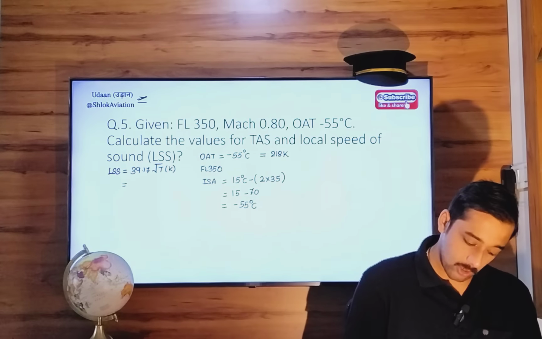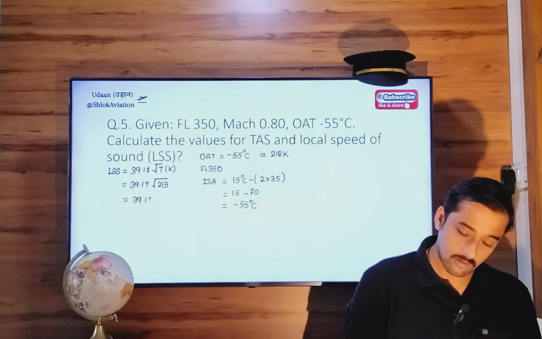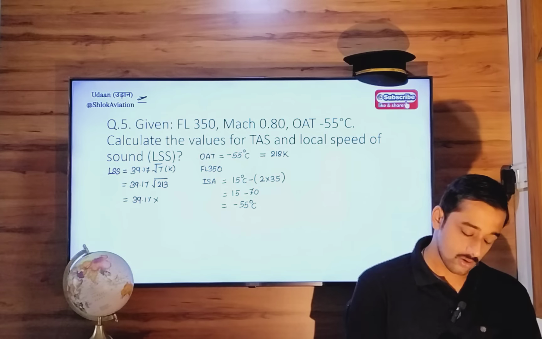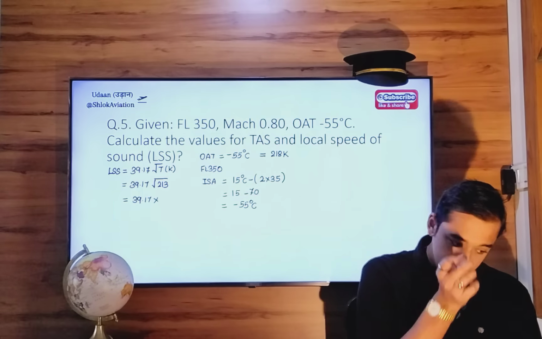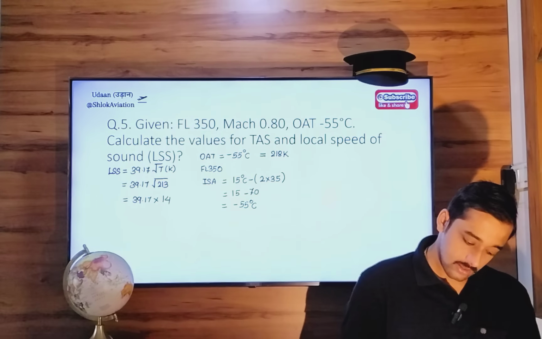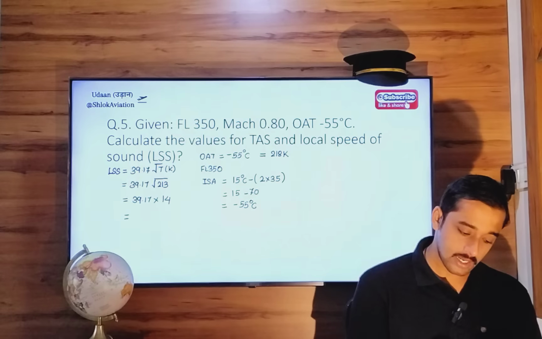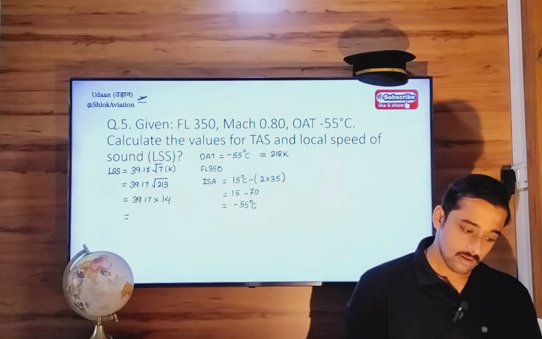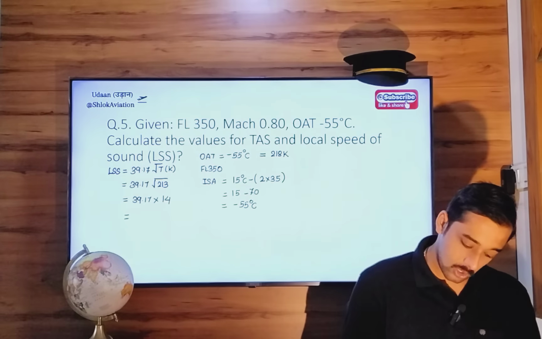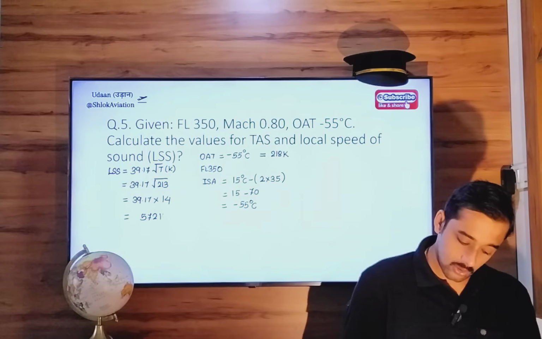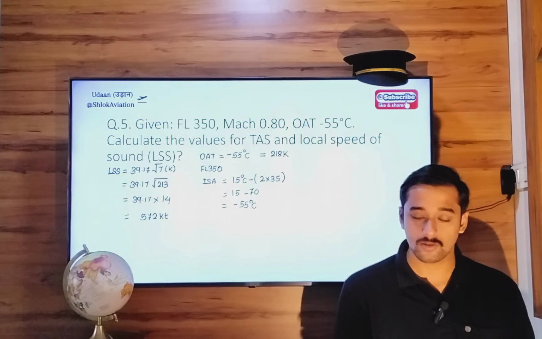Okay, so 39.17 times the square root of 218, which is approximately 14.6, into 39.17 is 571.6, approximately 572 knots. That is your local speed of sound.